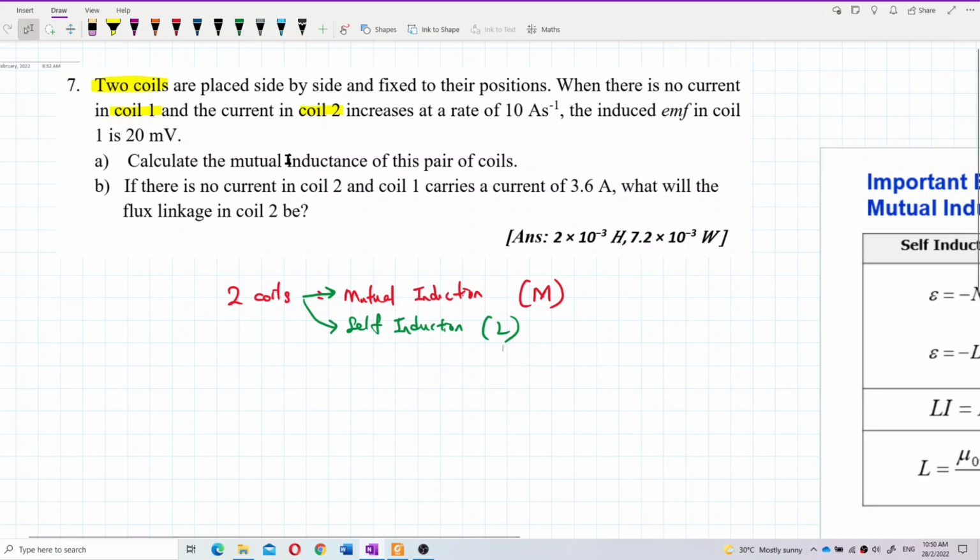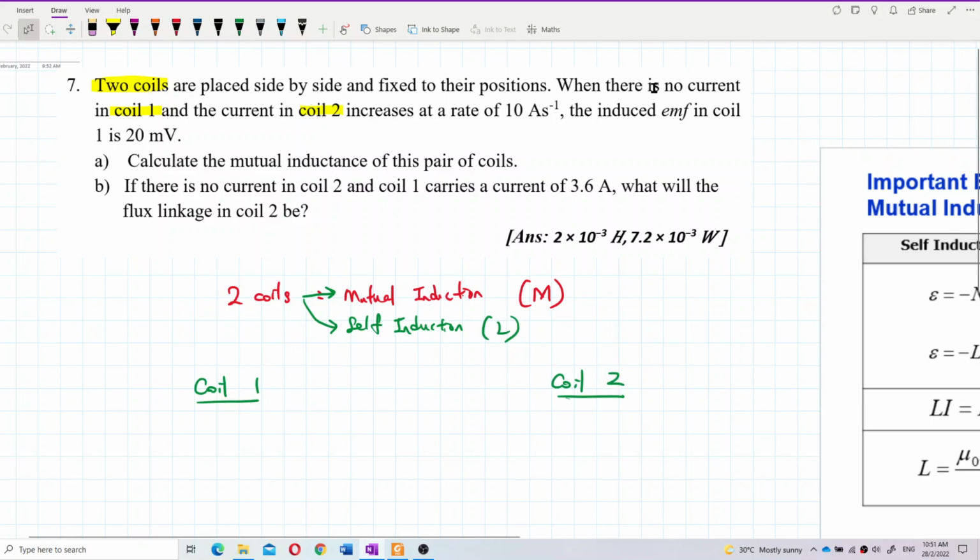Okay, so this one is mutual induction. First of all, you have two coils. It's better to list down the information in two columns: coil 1 and coil 2. Which one has current?